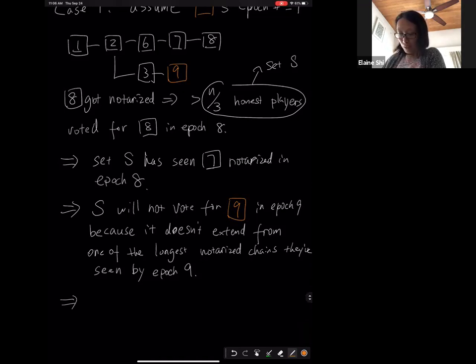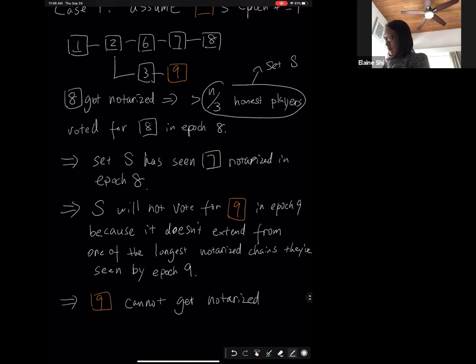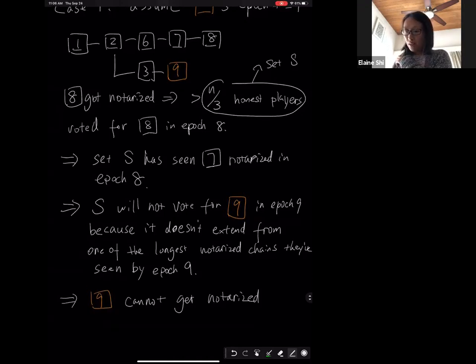So it's a very simple calculation, which says 9 cannot get notarized in the honest view, essentially. Okay, so that's case 1.